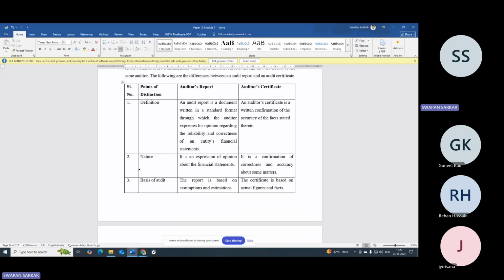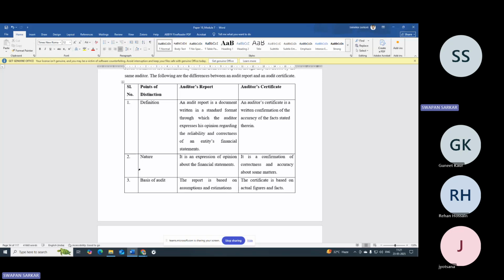An auditor's certificate is a written communication of the accuracy of the facts stated therein. Then, nature. An audit report is an expression of opinion about the financial statement. An auditor's certificate is a confirmation of the correctness and accuracy about some matters.